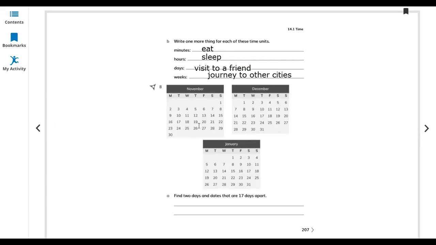After this, question number 8: November, December, and January. Find 2 days and dates that are 17 days apart.